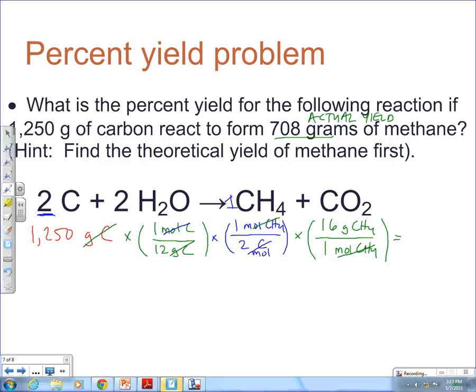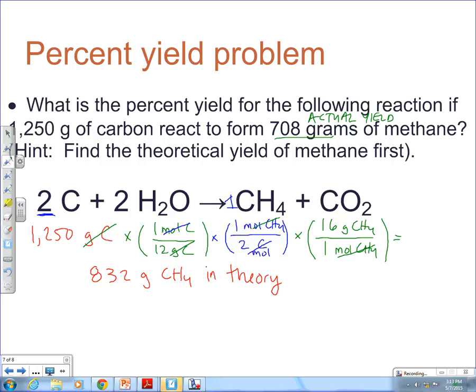And my theoretical yield of methane is 832 grams. So according to all of this stoichiometry, 832 grams of methane should theoretically form, could potentially form.